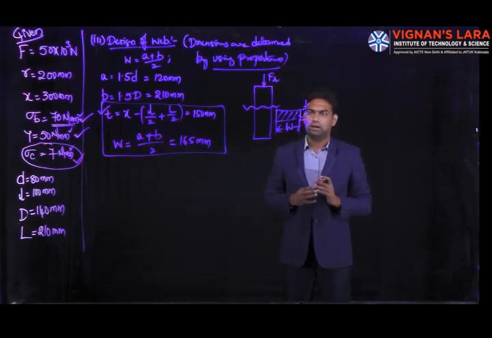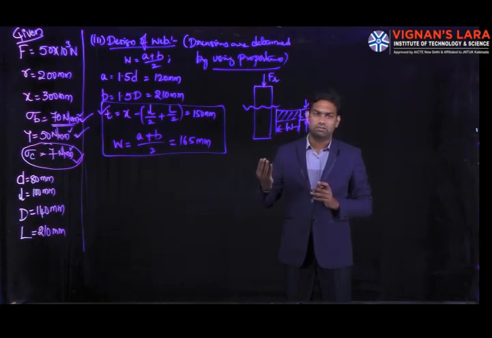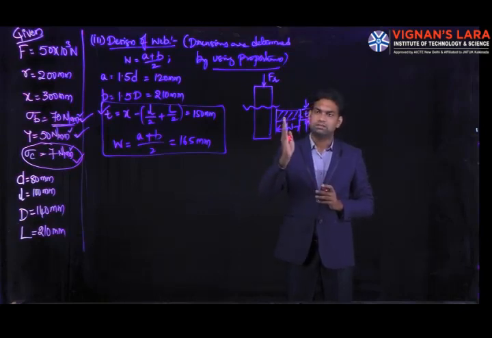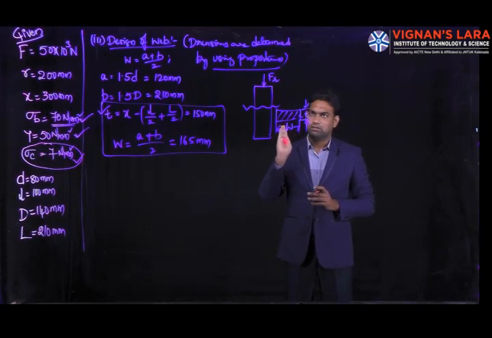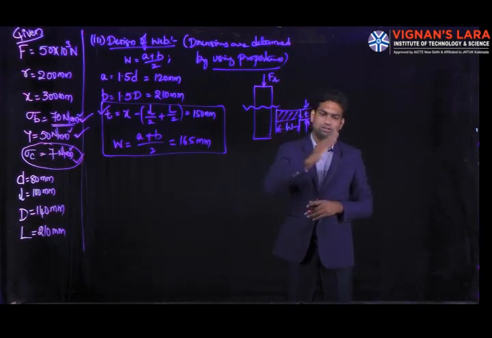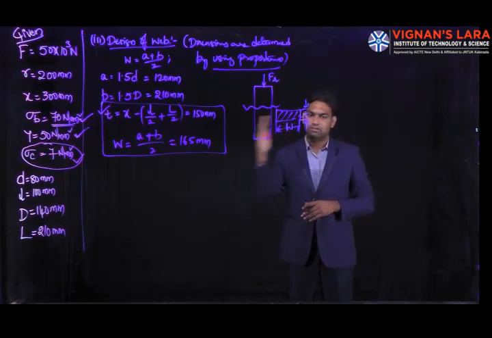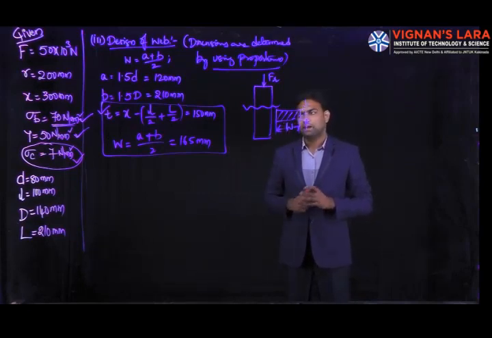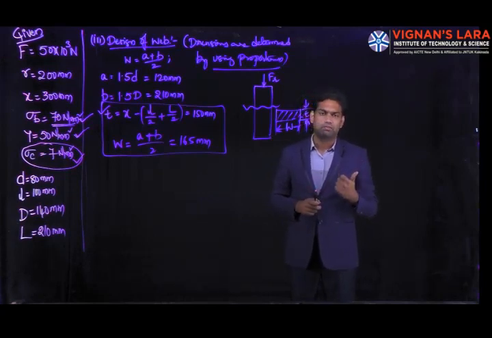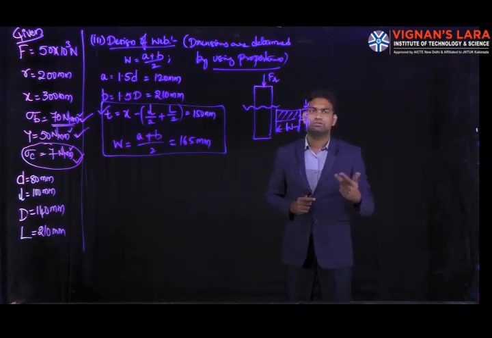Then there is another bending, due to the tangential force, in this direction or this direction. So the first is the normal stress due to the radial component, the second is the bending stress due to the radial component, and the third is the bending stress due to the tangential component.